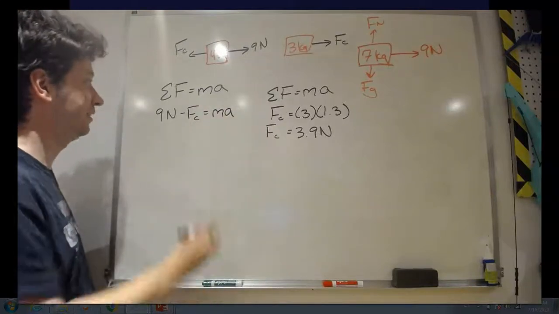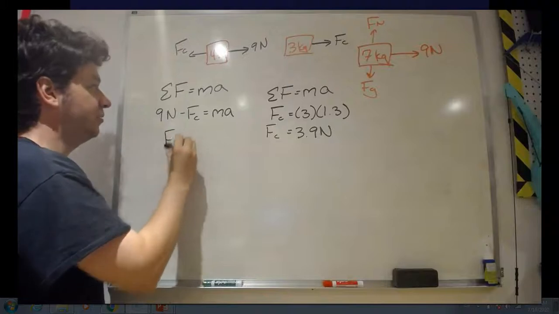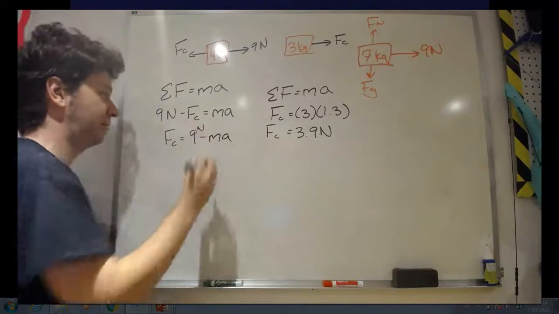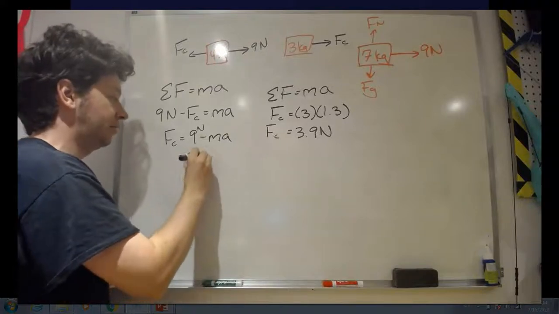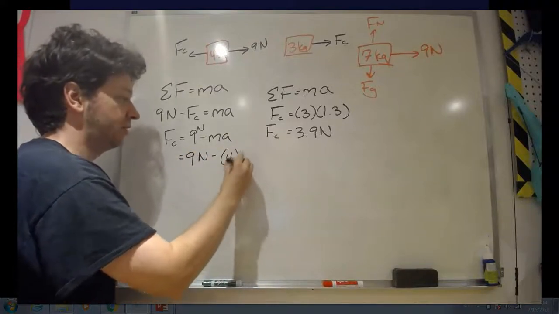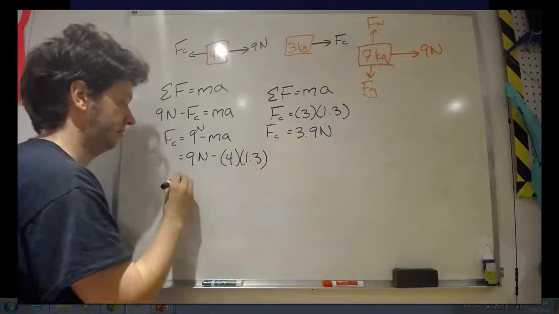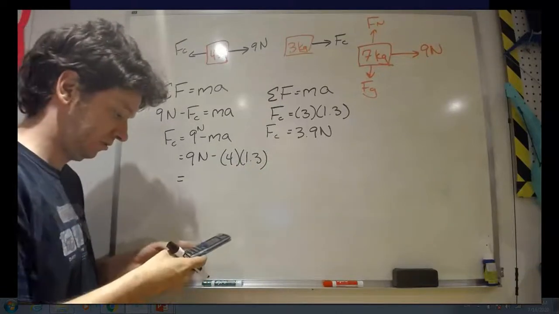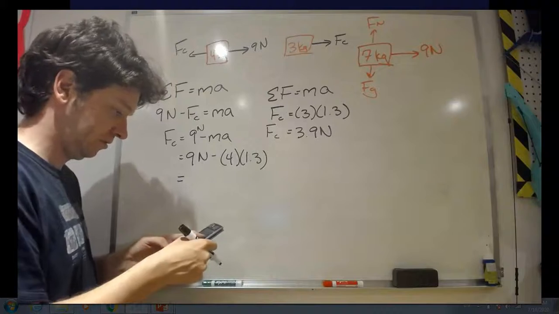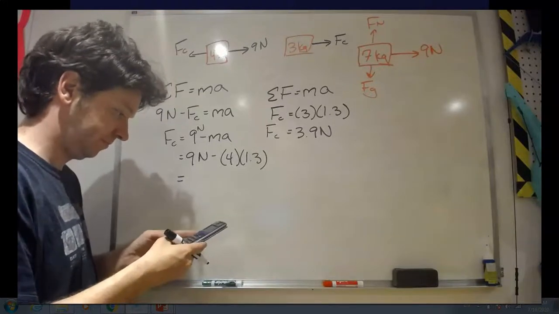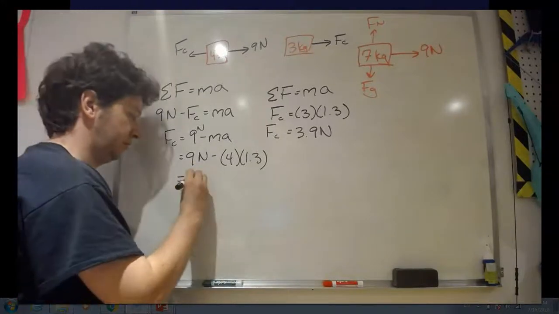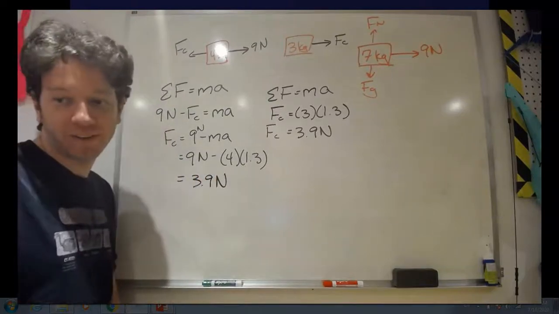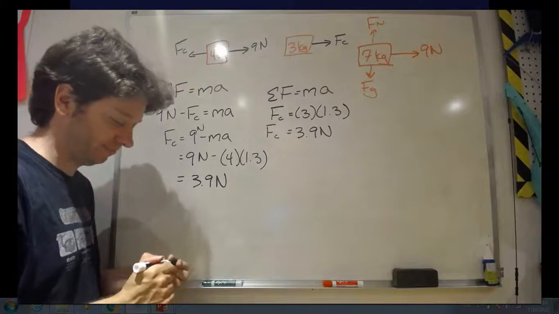Rearranging this equation, you get Fc equals 9 newtons minus ma, 9 newtons minus 4 times 1.3 equals 3.9 newtons. There you go. We calculate the magnitude of both, and we're done.